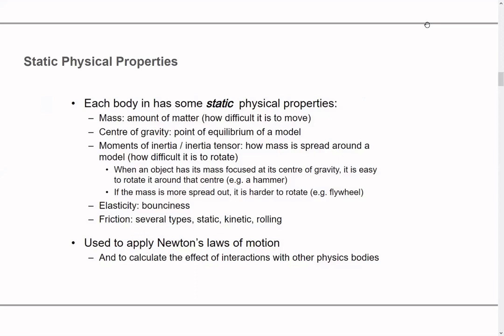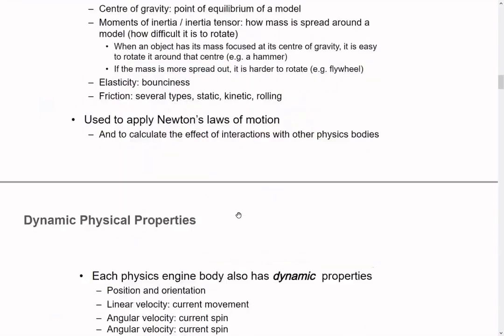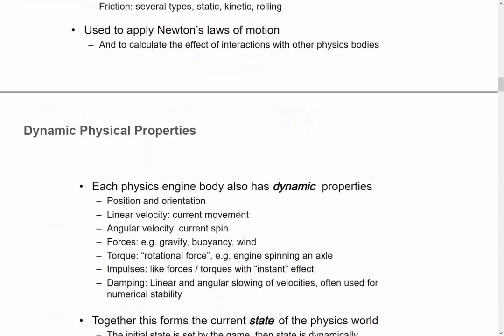So for that, the physical properties of each body are necessary: the mass, gravity, and moments of inertia, which means how mass is spread around the body. If the mass is focused at the center of gravity, then we can easily rotate it around the center. But if it is more spread out, then it's harder to rotate it. So these properties are used. Those are static properties.